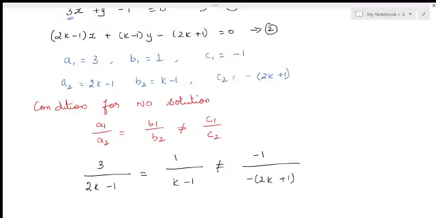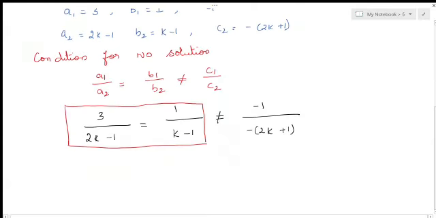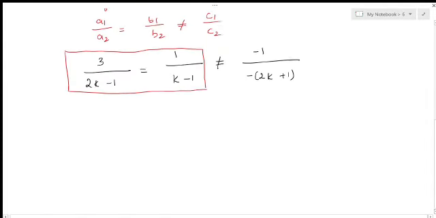Now to find out the value for k, let me compare first the first two parts. I am going to compare these two parts to find out the value for k.